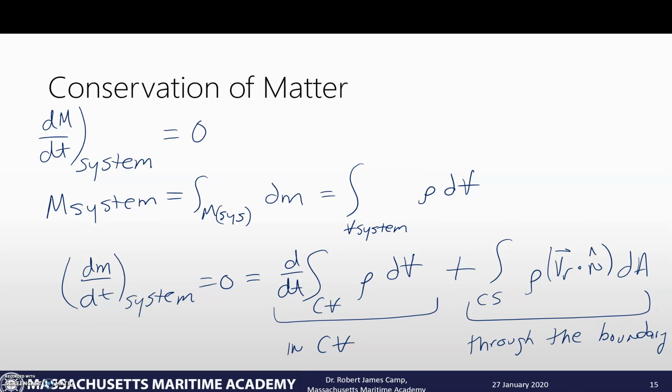Now, this is a pretty, not complex, but a pretty long equation. So what we have to do now is start making assumptions. And assumptions are very, very important in fluid mechanics because there's a lot of weird things going on. Sometimes you make assumptions, sometimes you don't. So it's really important not only to know which assumptions you're making, but why.